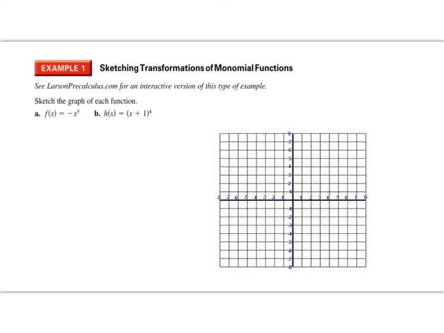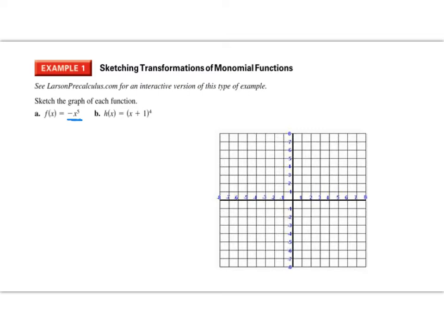So here, looking at this one, it says we want to sketch the graph of each of the functions. If I want to sketch a graph here, what I need to look at is the degree. It is a degree of 5, which means it's odd, so it's going to have something to do with a line.